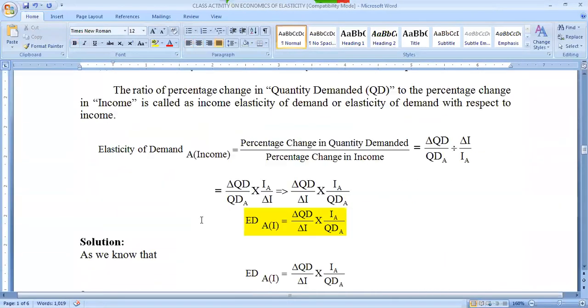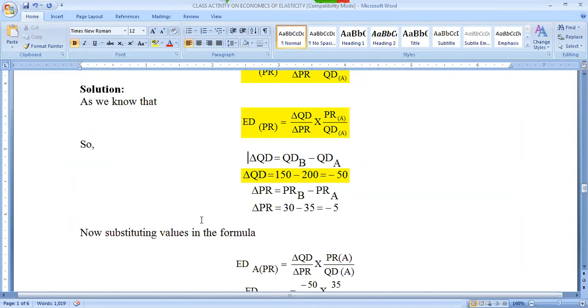Okay, here comes Delta PR equals 30 minus 35. It equals minus 5, right? So we have obtained the information for delta QD and delta PR.